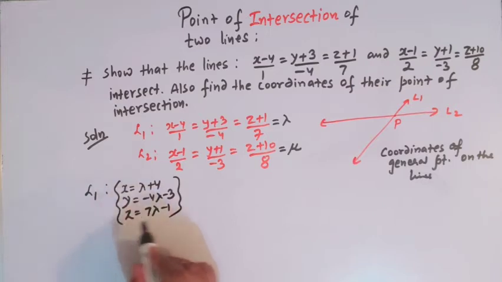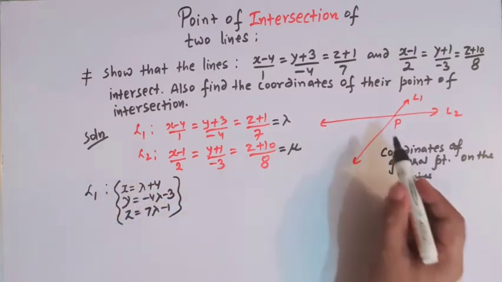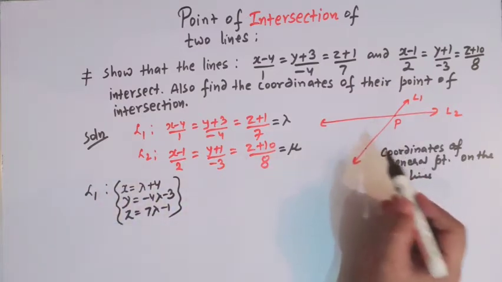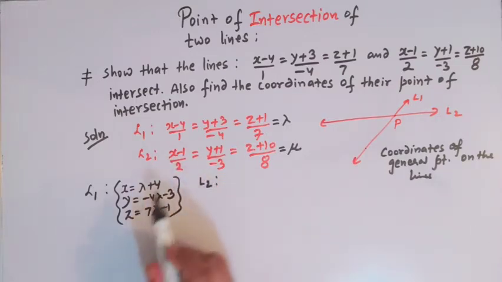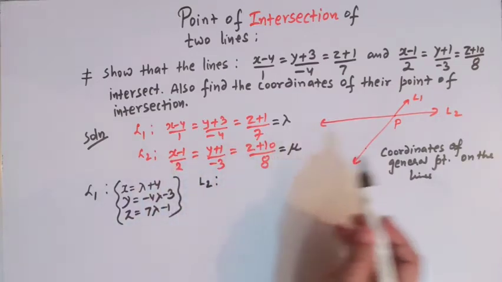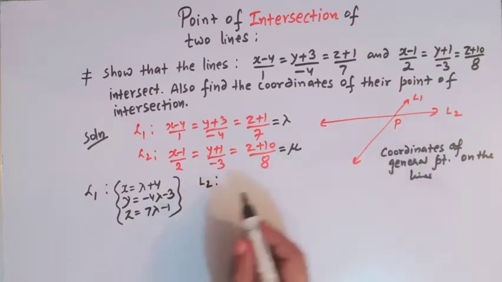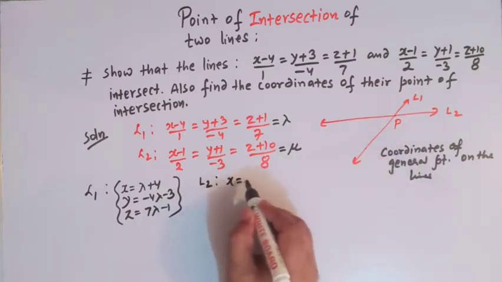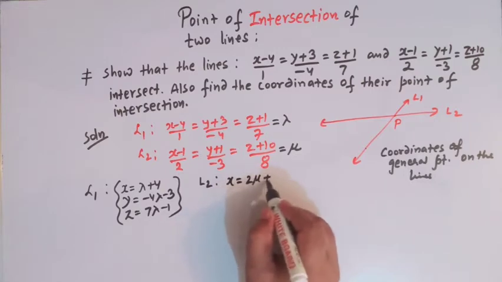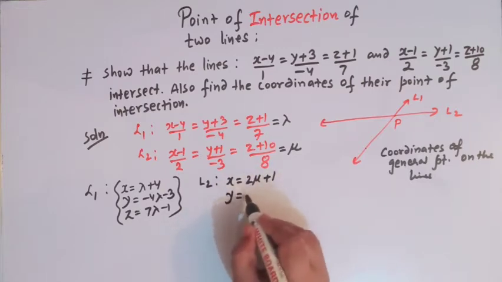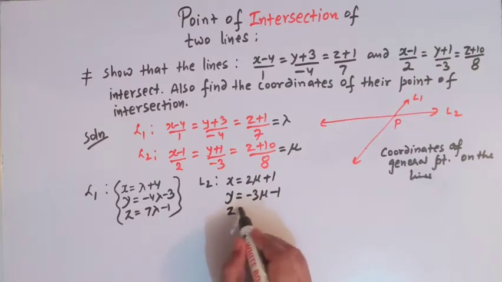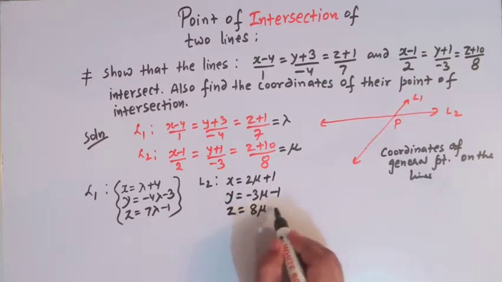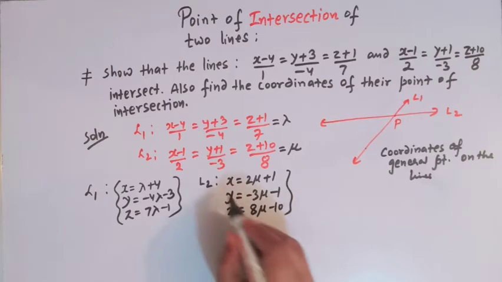Let us find the coordinates of the general point on the line L2. So this is x equal to 2 mu plus 1, y is equal to minus 3 mu minus 1, and z is equal to 8 mu minus 10, right?